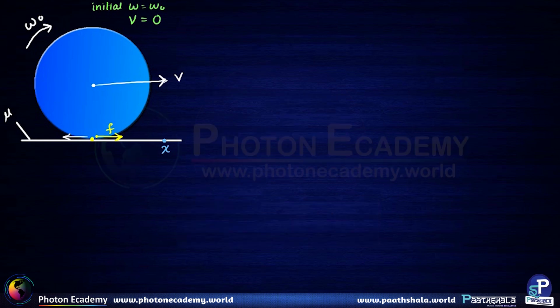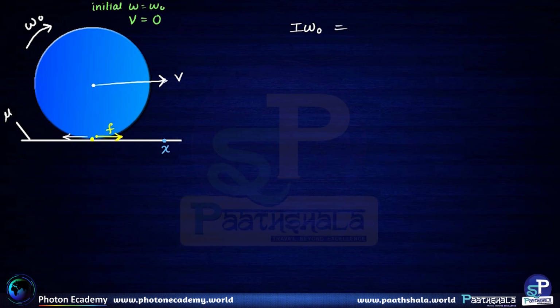So there is no torque about the point x, and hence angular momentum about the point x is going to remain conserved. Now let us write down the angular momentum conservation equation. Initially the angular momentum is going to be equal to just I omega naught because no linear velocity was given, and finally the angular momentum is going to be equal to I omega plus mvr. Now let us say we are to find v, then omega can be written as v divided by r.